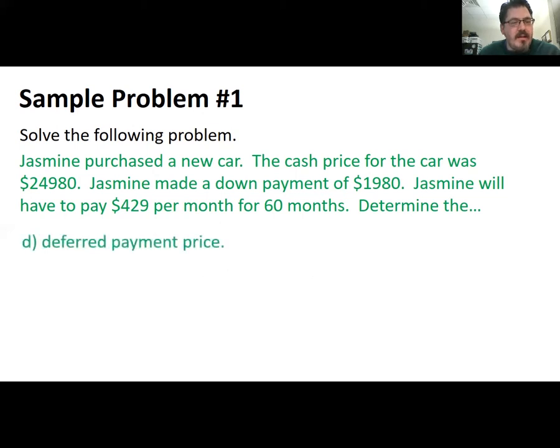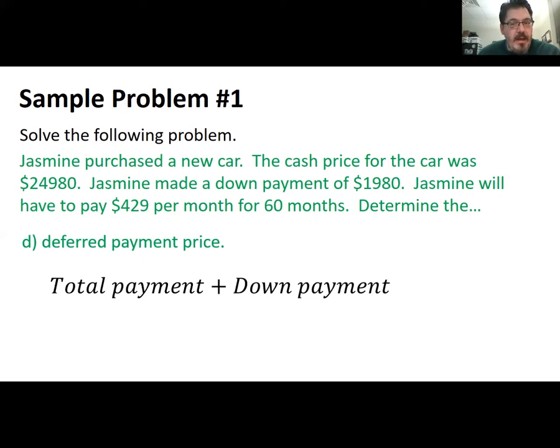Next, let's figure out what the deferred payment price is. They call this the deferred payment price because, since she's buying in installments, she's not paying all the money out front; she's paying it out over the course of this 5-year period. We're going to figure out how much she's paying altogether. But don't forget, she did make that initial down payment, so that was part of the overall price that she paid.